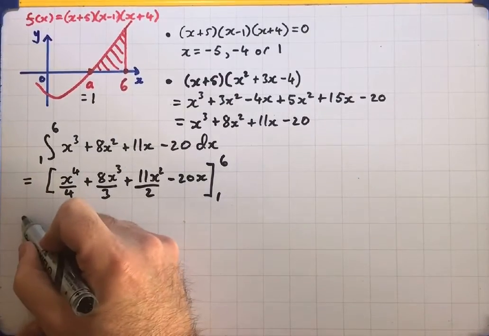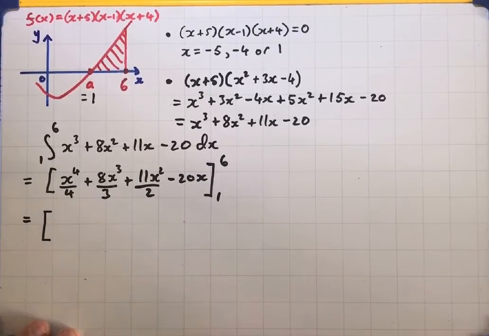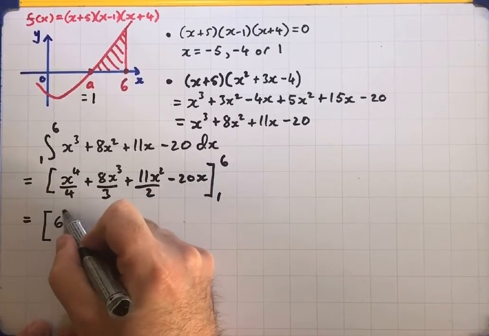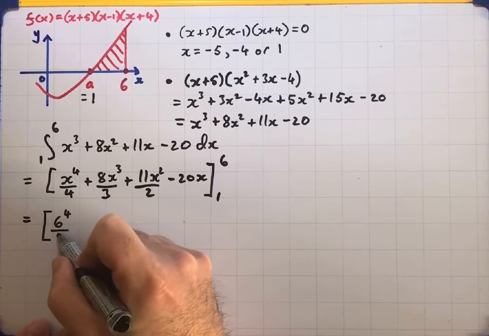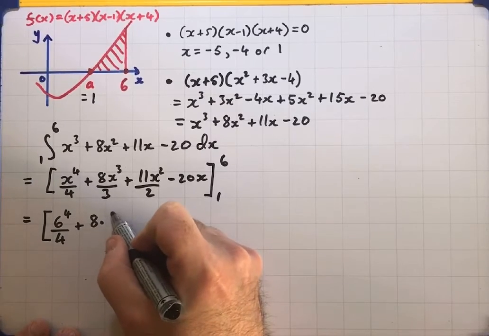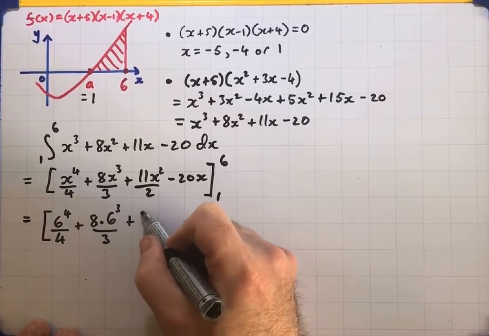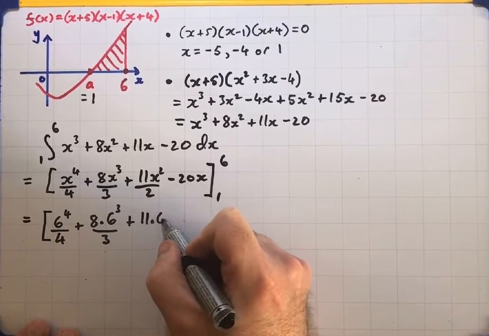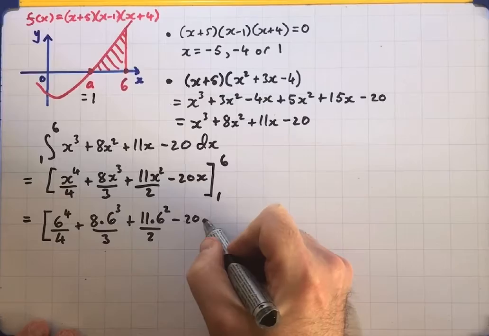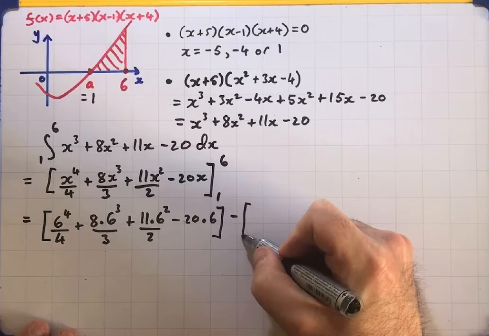Okay, so plugging in our values, that means we've got 6 to the power 4 over 4 plus 8 times 6 to the power 3 over 3 plus 11 times 6 squared over 2 minus 20 times 6, minus, and plug through 1 with this thing.